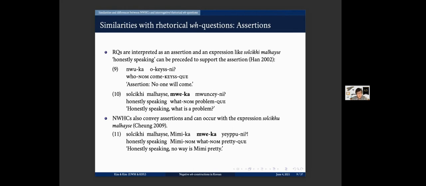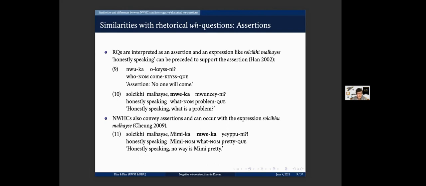Okay, double-edged constructions share some properties with rhetorical double-edged questions, and it is known that rhetorical questions are interpreted as an assertion. And an expression like 솔직히 말해서, which means honestly speaking, can precede and support the assertion. So for example, in 9, in Korean, 누가 오겠니? This sentence asserts the proposition that no one will come.